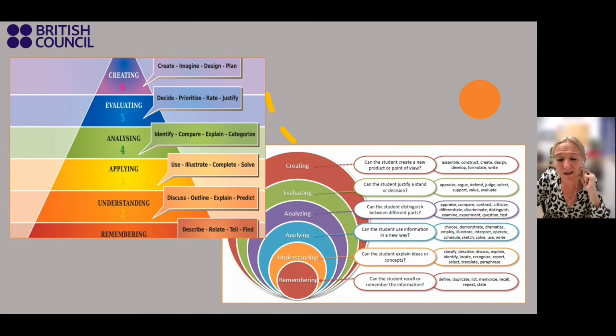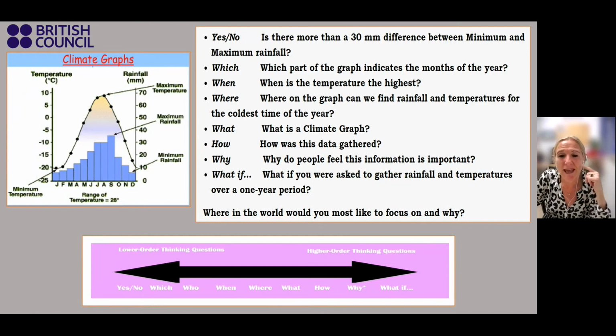And another example of an activity from Donna Summer's book on scaffolding is using a visual organizer, a graph. So here she's got a climate graph and some information about the temperatures and the rainfall over the year. And then she's asking the students to use lower order thinking questions and higher order thinking questions, the easy to the more complex.